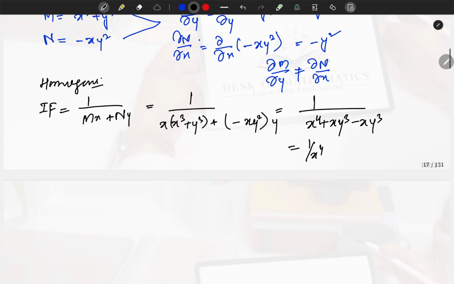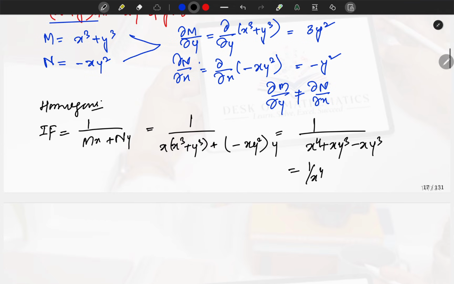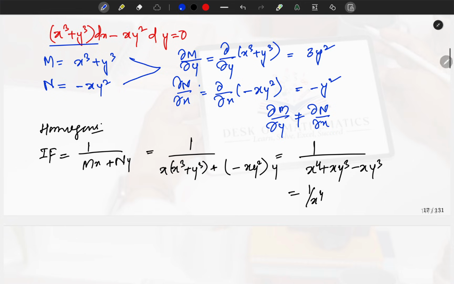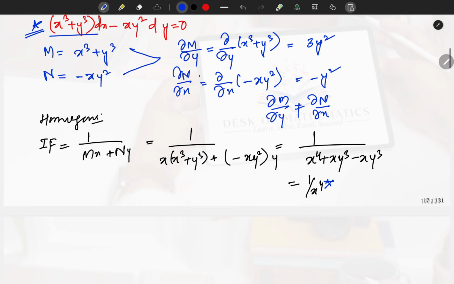Now you have to multiply this integrating factor with the given differential equation to make it exact. So if you multiply the given differential equation by 1 by x to the power 4, it will become exact.